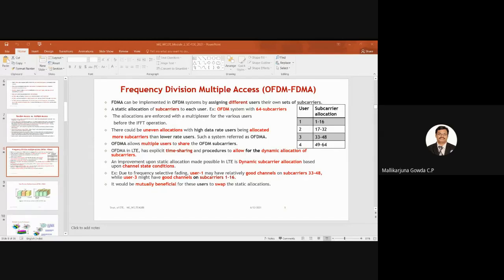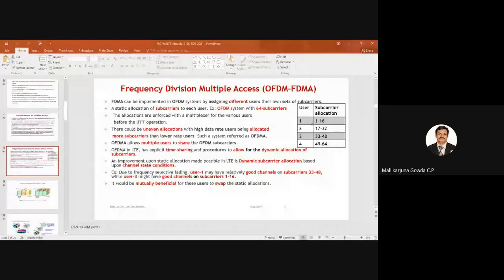That is what is done in LTE. Depending upon the channel state condition, the subcarriers will be swapped among the users, whichever subcarriers are good for them.